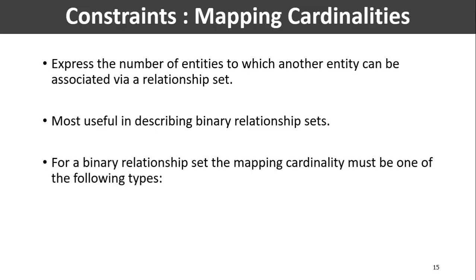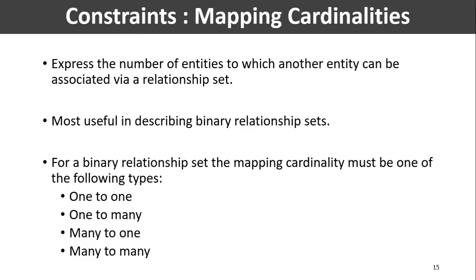For such binary relationship sets, we are having several kinds of mapping cardinalities. So what are those? We may have one-to-one cardinality, one-to-many, many-to-one, or many-to-many. So binary relationship sets may have the cardinality of one of these kinds: one-to-one, one-to-many, many-to-one, and many-to-many.